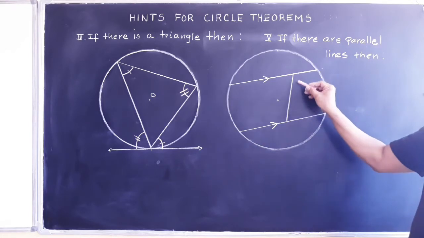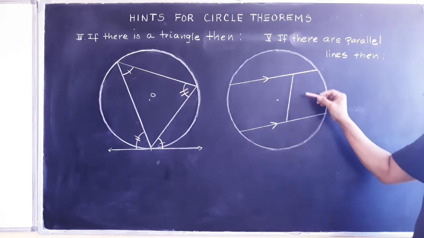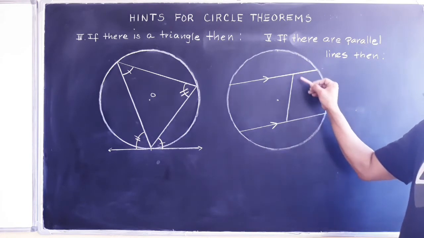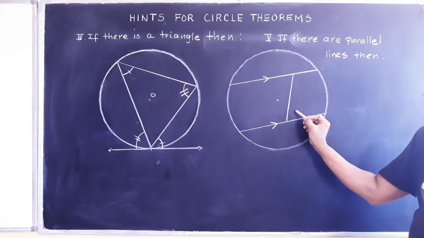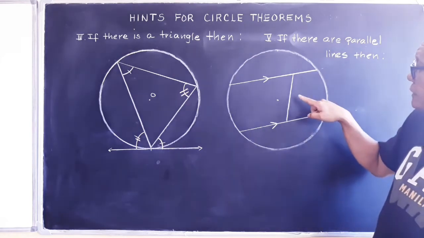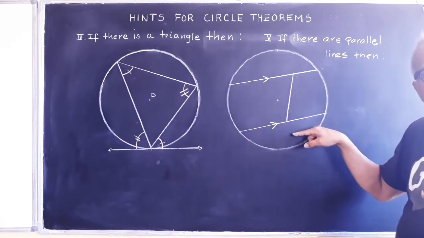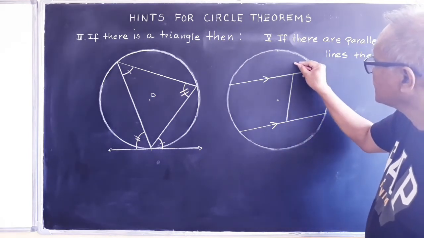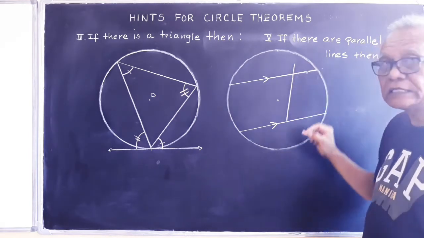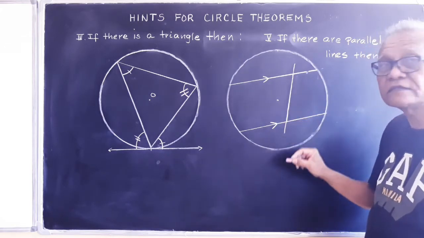It means that these two are the non-transversal lines, and the line that is passing through these two non-transversal lines is our transversal. Now, our line segment is only up to that point and up to this point. Now, you can prolong that one so that you will see that this line is a transversal.